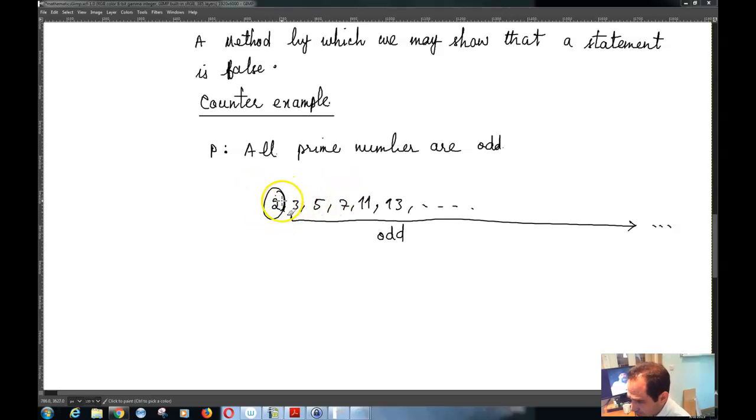So, 2 is actually a prime number, because you can write 2 as 2 times 1, right? So 2 is a prime number and also an even number.